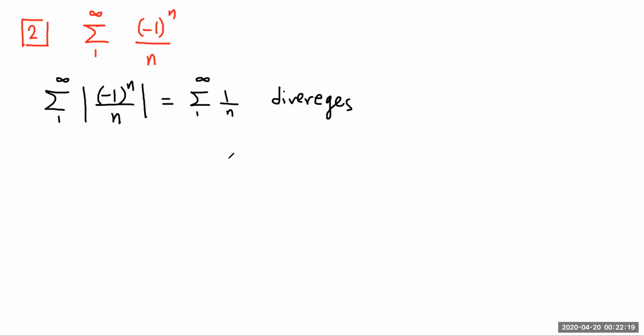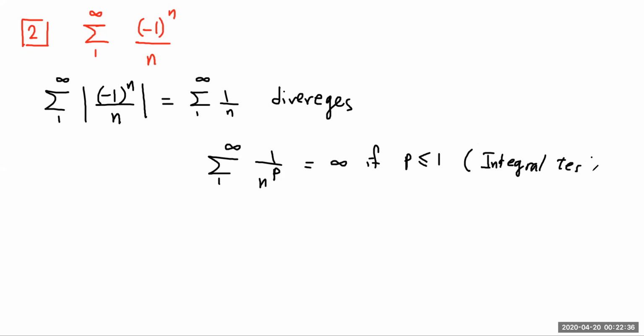And the rule said that sigma 1 over n power b equals infinity if b is less than or equal to 1, using the integral test. Okay, so the series here in absolute value diverges.